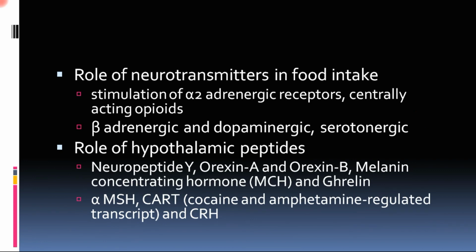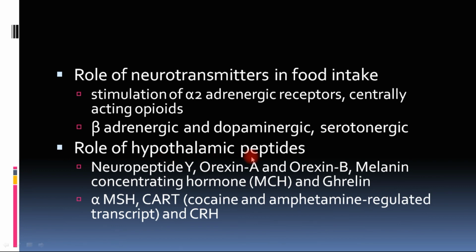There are certain neurotransmitters and hypothalamic peptides which are also responsible. Stimulation of alpha adrenergic receptors and centrally acting opioids increase food intake, whereas beta adrenergic, dopaminergic and serotonergic receptors decrease food intake.